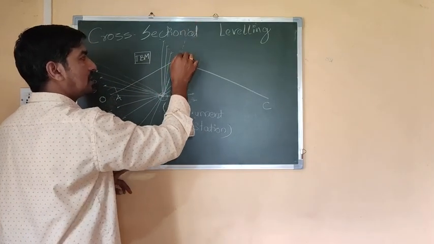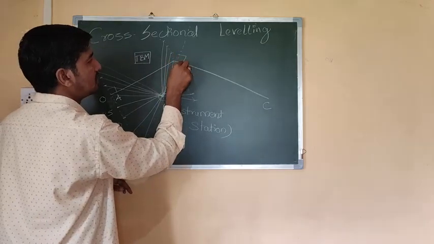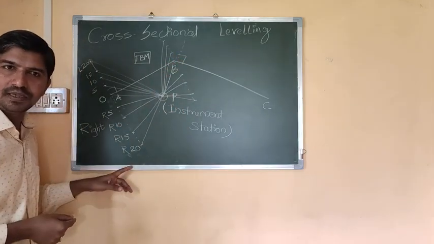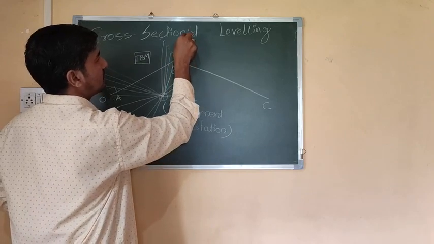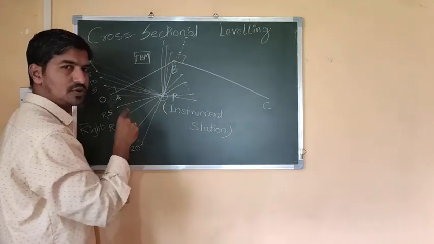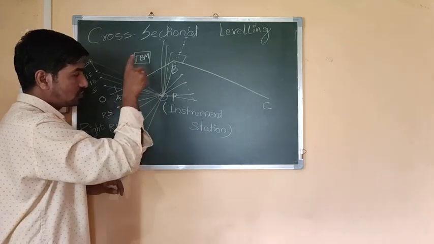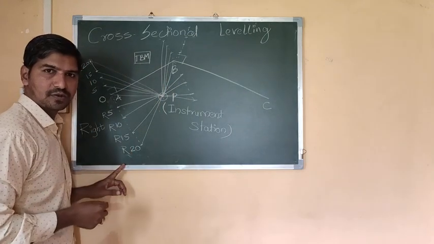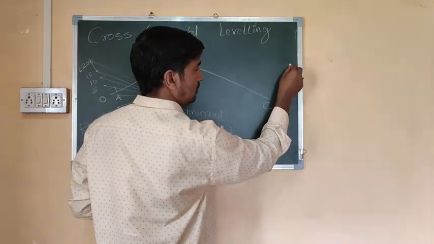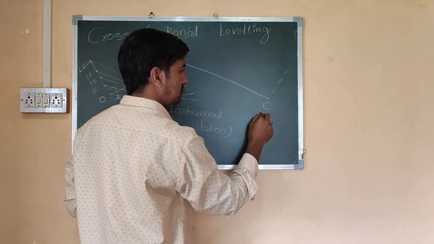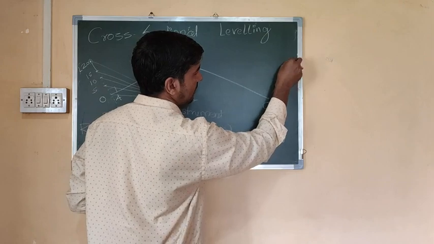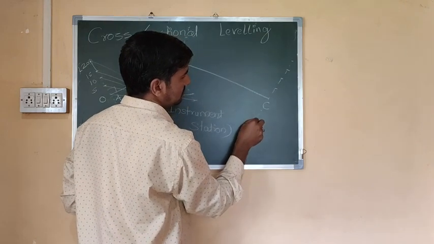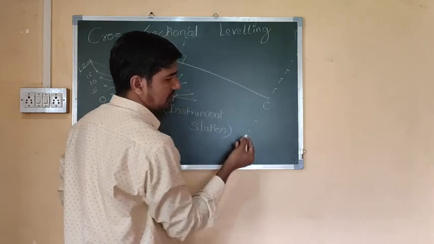So this will become my alignment, which is at 90 degrees to BC. Again 5 meter, 10, 15 and 20 meter on both sides. I won't draw it because it is a confusing pattern. And this is the last cross section. I will again take 5, 10, 15 and 20 on both sides.